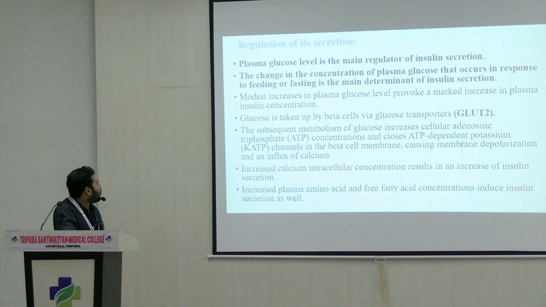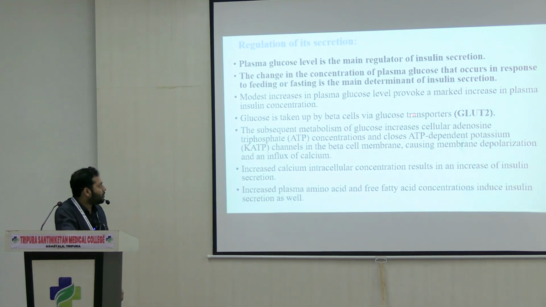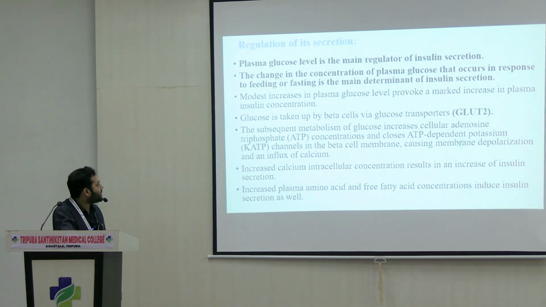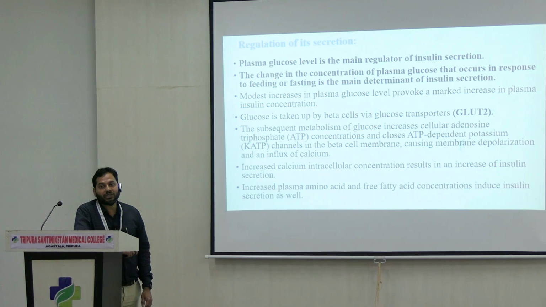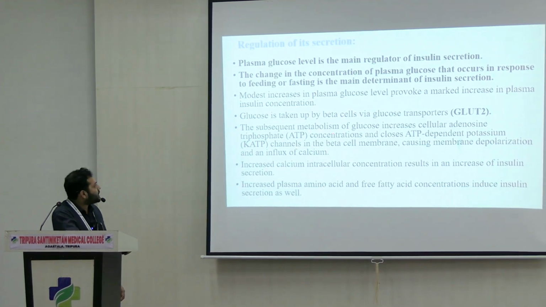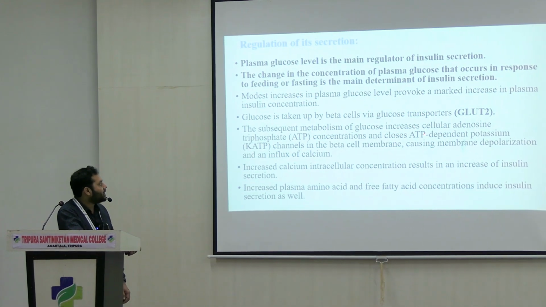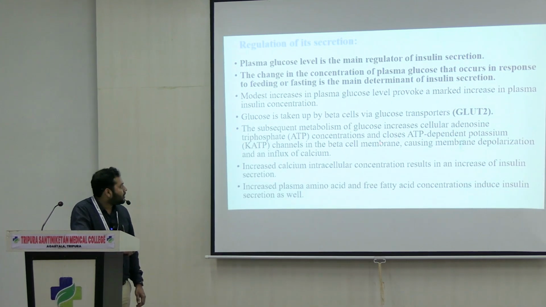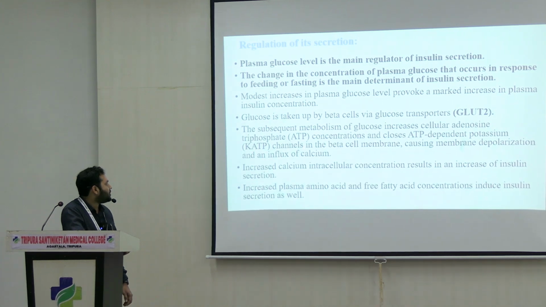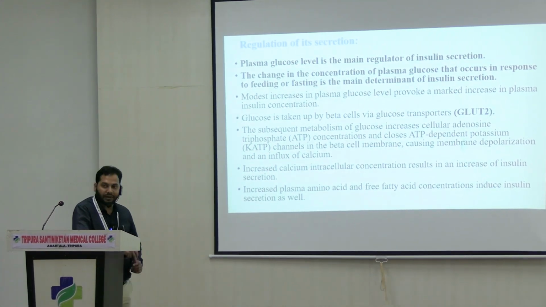Here, the glucose is taken up by beta cells first by the glucose transporters, and after that certain changes take place in the cells. What are the changes that take place in the cells? See, the subsequent metabolism of glucose increases cellular adenosine triphosphate concentrations and closes ATP-dependent potassium channels in the beta cell membrane.